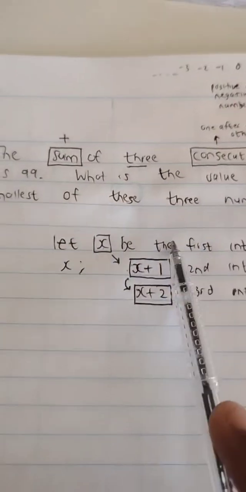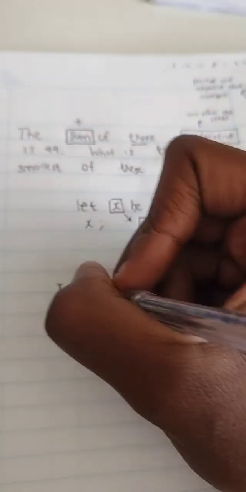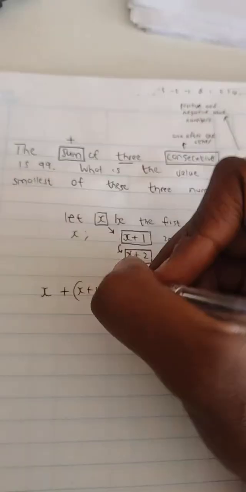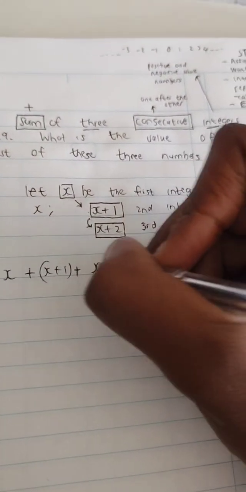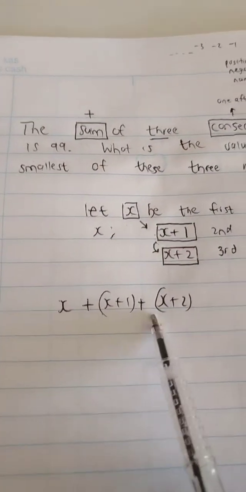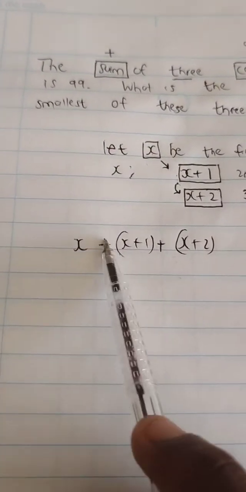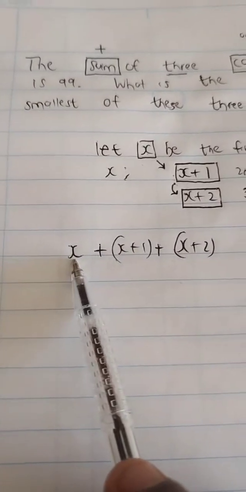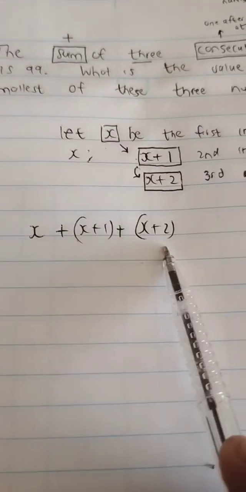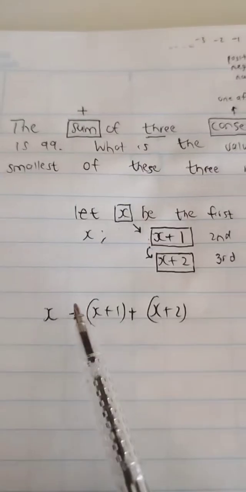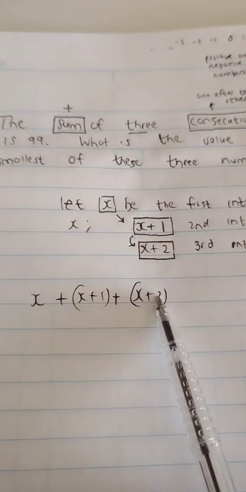What are these 3 consecutive integers? It is x plus, because of the sum, x plus 1 plus x plus 2. So let's reread again. The sum of 3 consecutive integers is 99. So here currently we have what? The sum of the first 1, 2, 3 integers that are consecutive: x plus x plus 1 plus x plus 2.